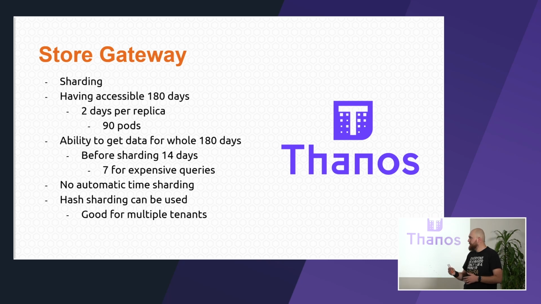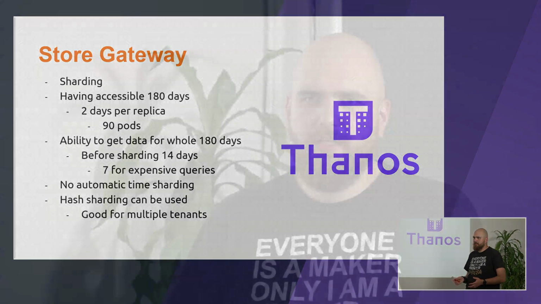You can get all of the data, and it's faster than it was before, so it's cool. But before sharding, we were able to get mostly 14 days of data, 9 days of data from Prometheus, and 7 days for expensive queries if Prometheus wasn't accessible. By expensive queries, I mean things like histogram quantile, which is a pretty expensive query.